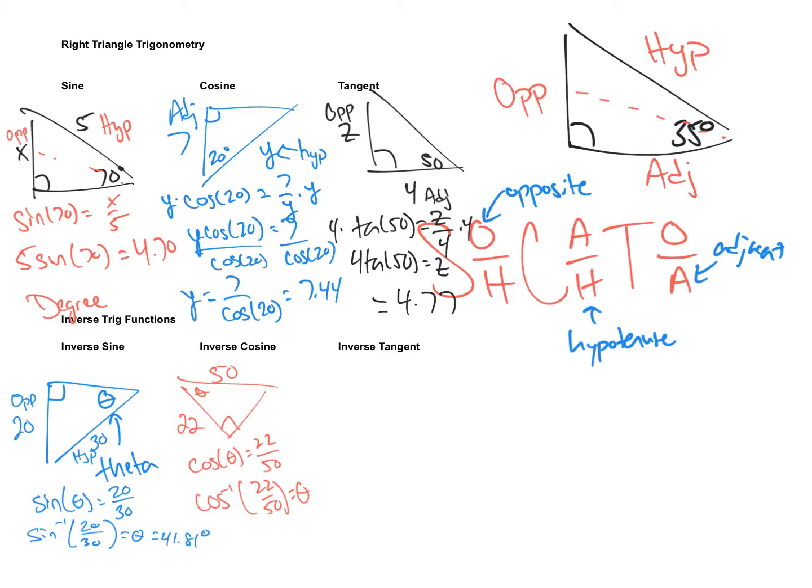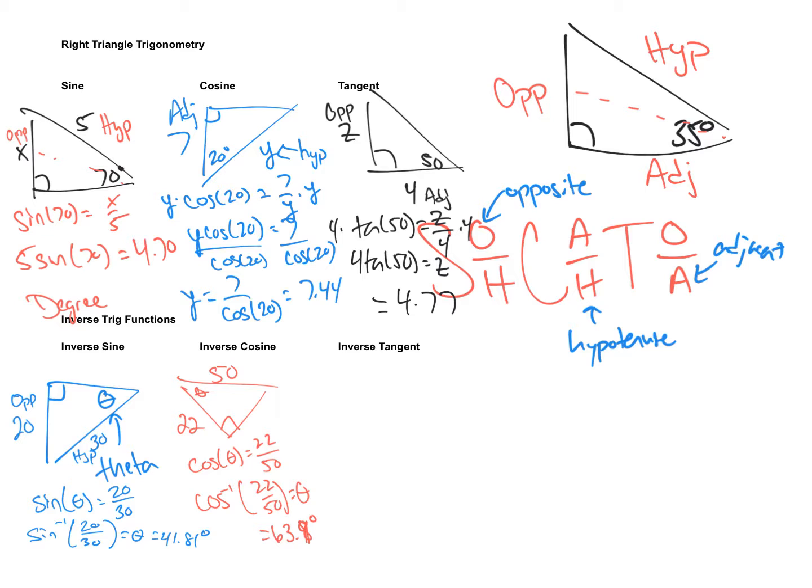And let's see what this equals. Inverse cosine of 22 over 50. I got 63.9. So I'm rounding to the nearest hundredth, but I have 63.896. So I have 63.9 degrees.